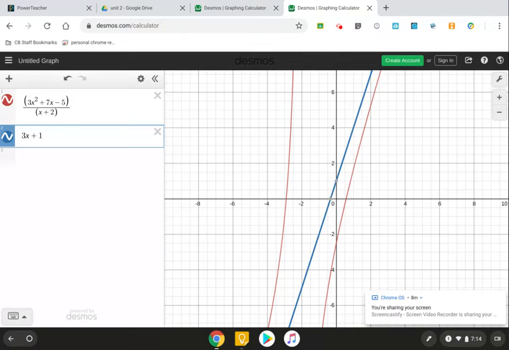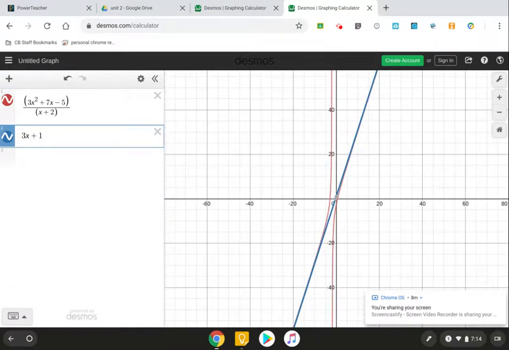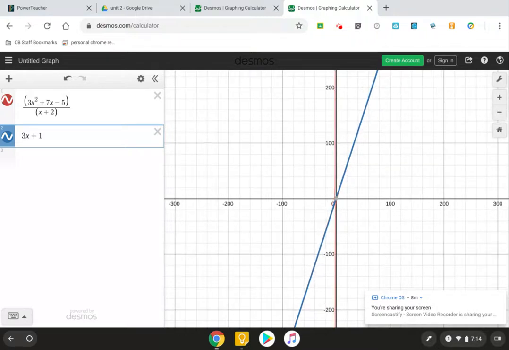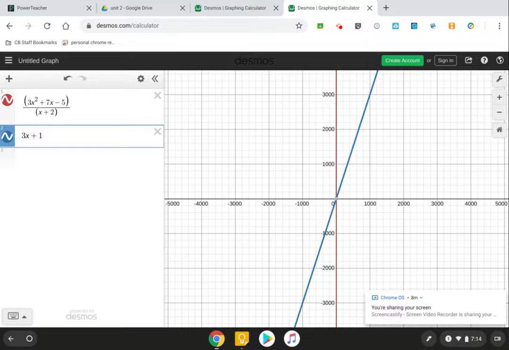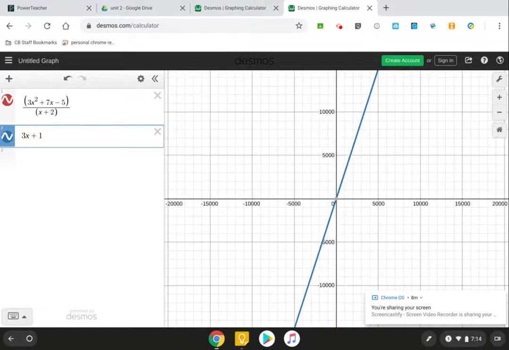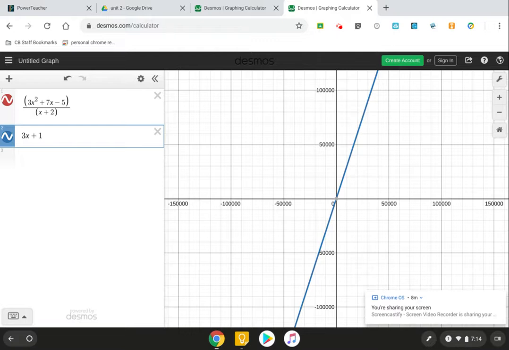Obviously, the red and the blue graph are clearly different. But if I zoom out enough, the red graph and the blue graph almost become indistinguishable. They almost look exactly the same. And that, by definition, is what end behavior is.